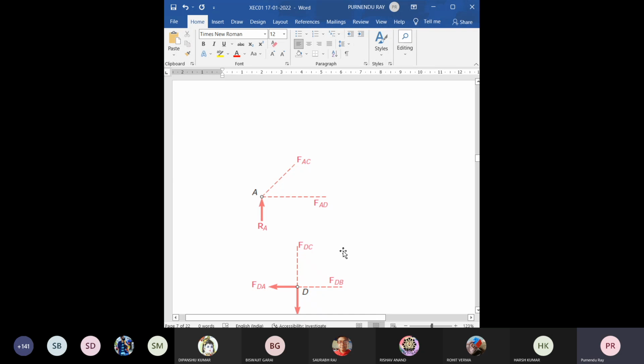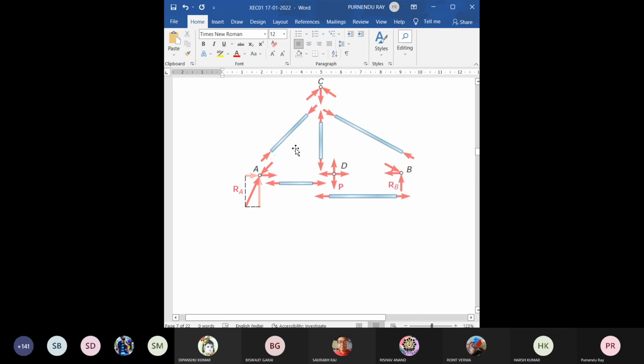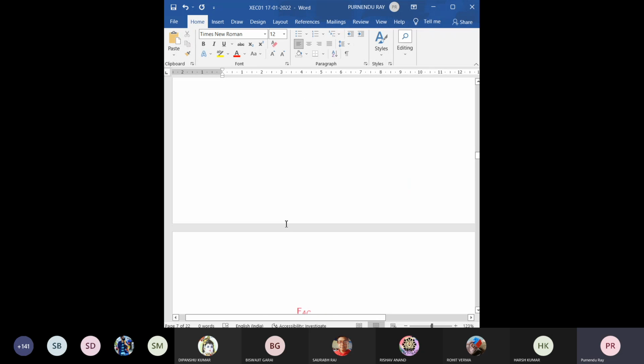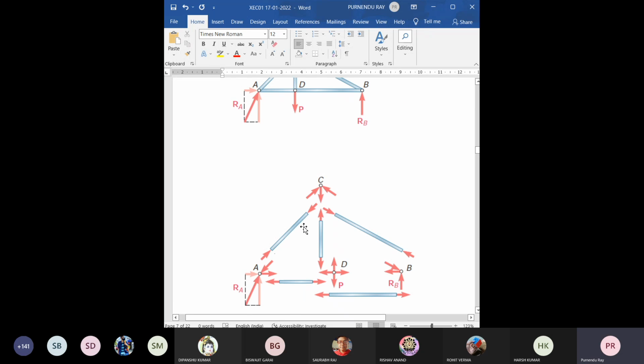So at A, two members are connected, AC and AD. We are considering that the member AC is under compressive force. The forces are acting in the inward direction, so it is trying to shorten or compress it. And the equal and opposite force at the joint is towards the joint.